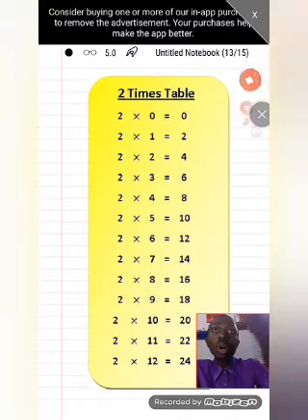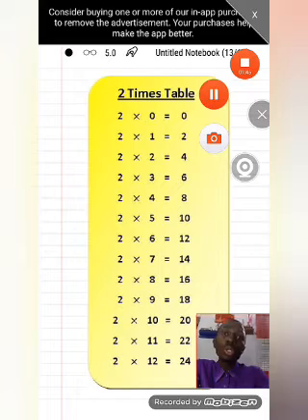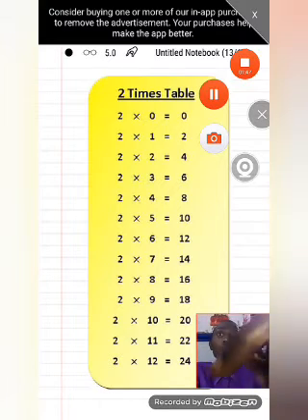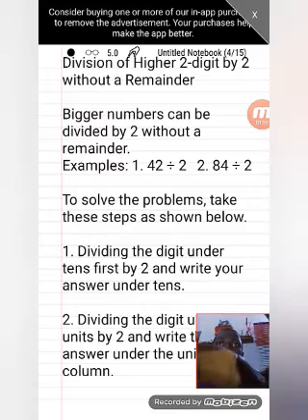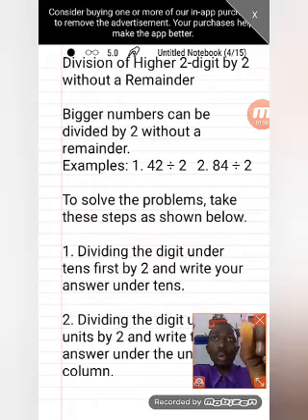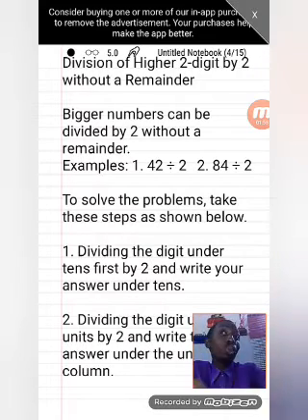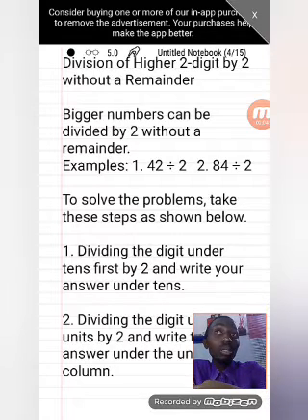So this is what we do. Like we said before, bigger numbers can be divided by 2 without a remainder. But when we say bigger numbers, we mean bigger even numbers.